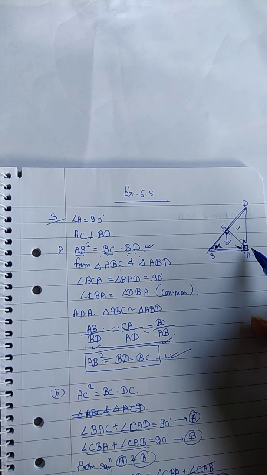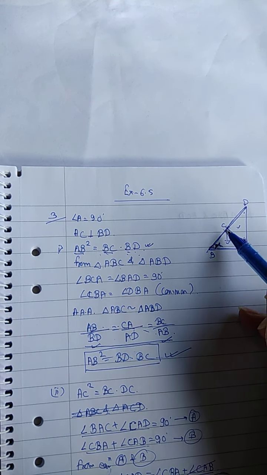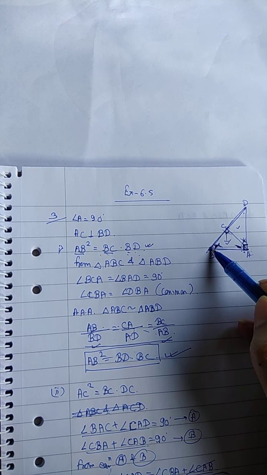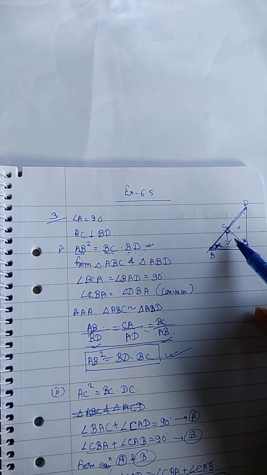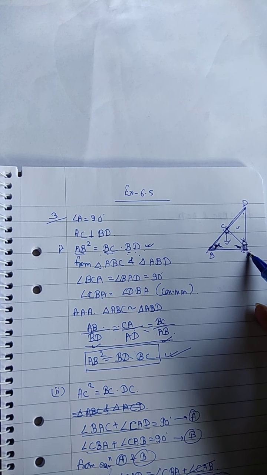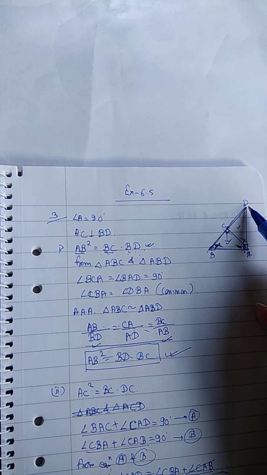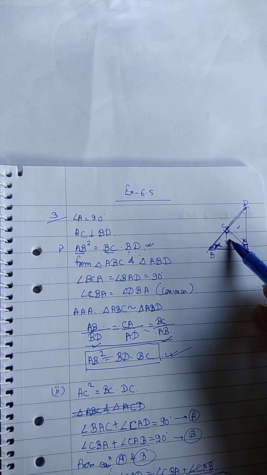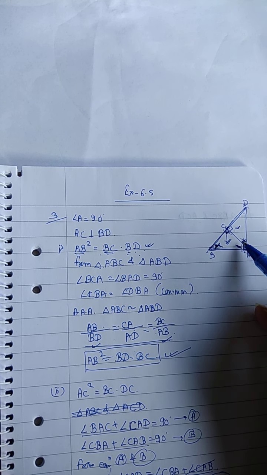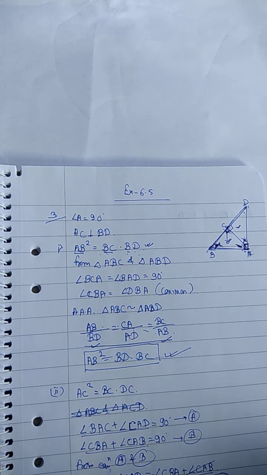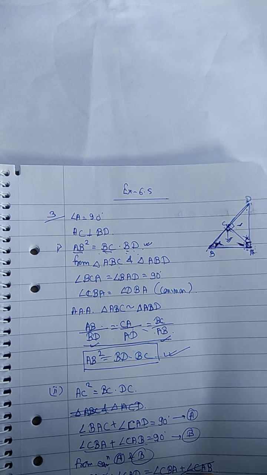Angle BCA in triangle ABC is 90 degrees, and angle ACD in the other triangle is 90 degrees. Means angle BCA equals angle ACD.